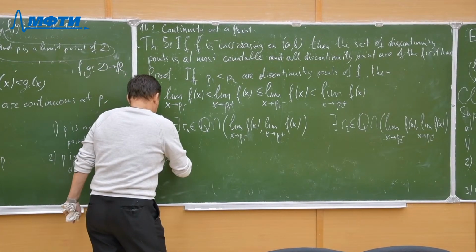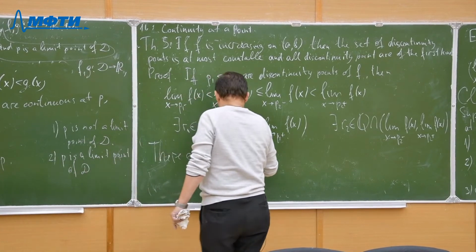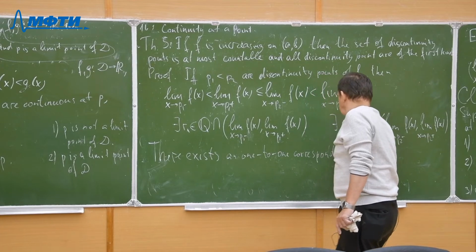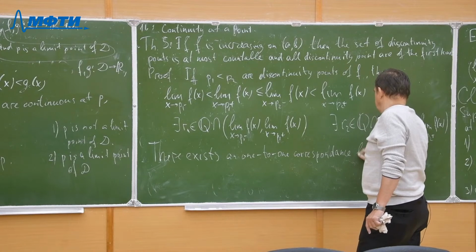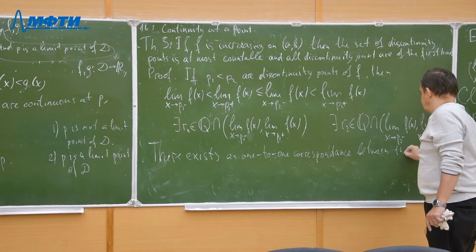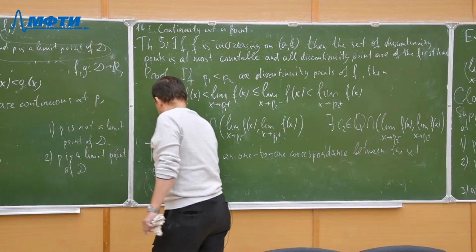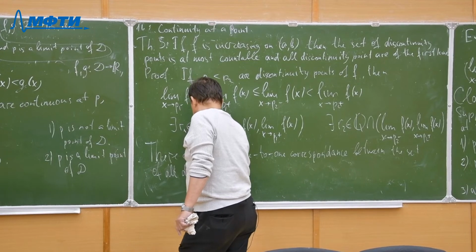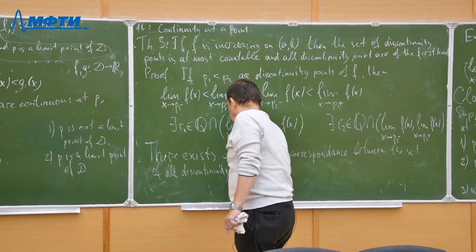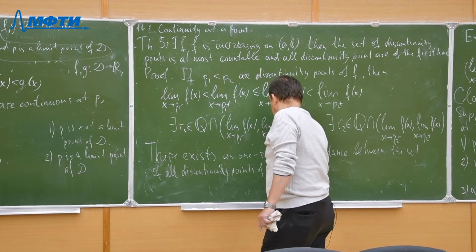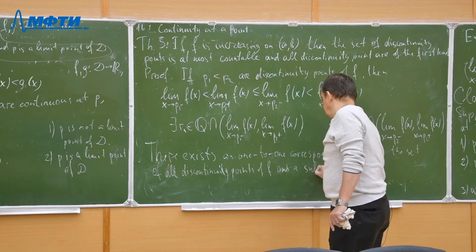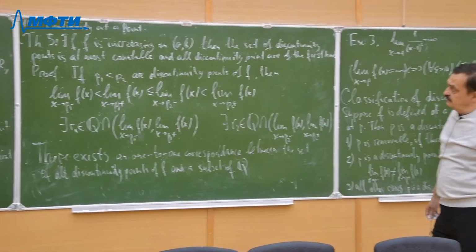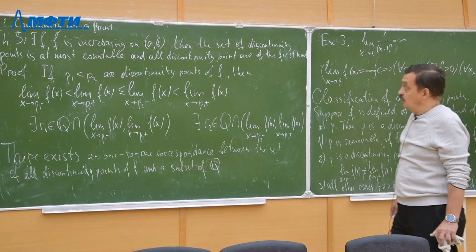So there exists a one-to-one correspondence between the set of all discontinuity points of f and a subset of Q. Hence, this set of discontinuity points is at most countable.